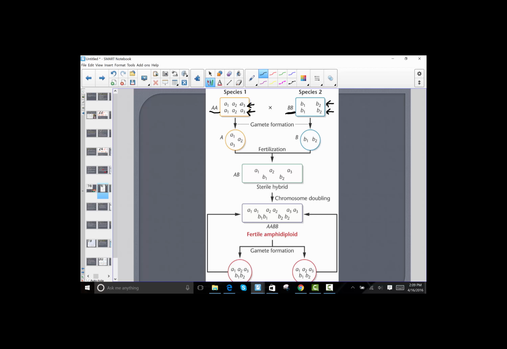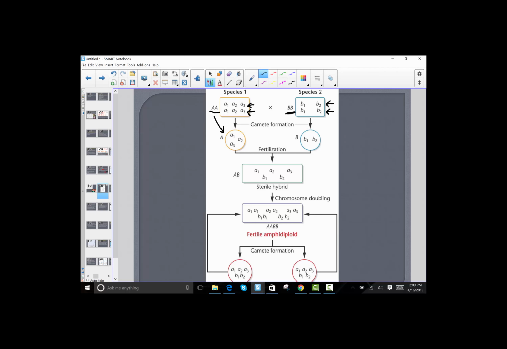So A1, A2, A3, and we have 2 copies of each. And from species 2, we have B1 and B2. These are complete sets of chromosomes, and we have 2 copies of each. So that's a complete set. So we're 2N. Now, if this particular species produces a gamete, the haploid number is going to be 1 of each, correct?